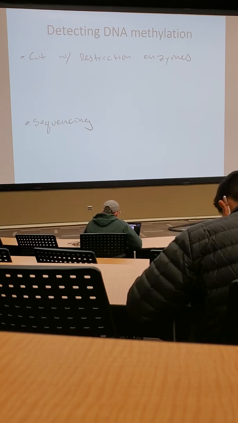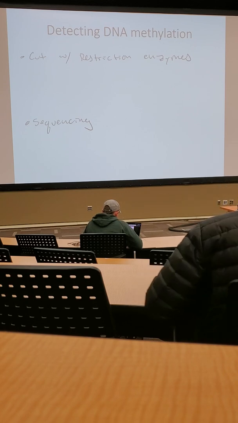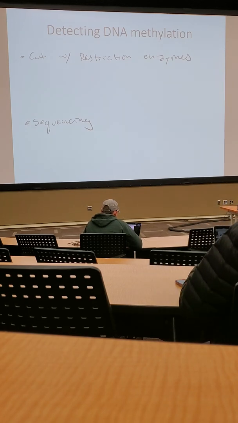I know it's early, and I know you only have 2 weeks left of class, but you have all the tools, right? You can do this logically. DNA is going to be identical, so DNA sequence is not going to help us. These methyl groups are on the outside of DNA. We're going to cut something. So what must be true about these enzymes? Okay, we'll get back to it.